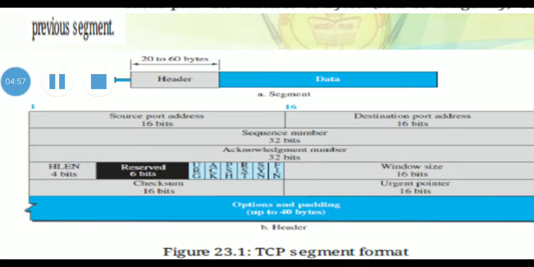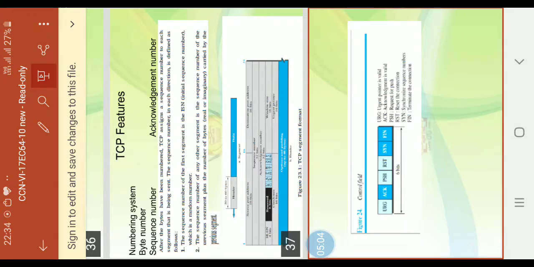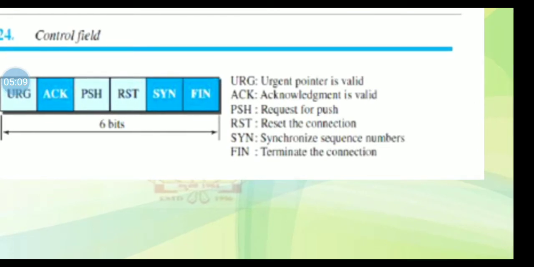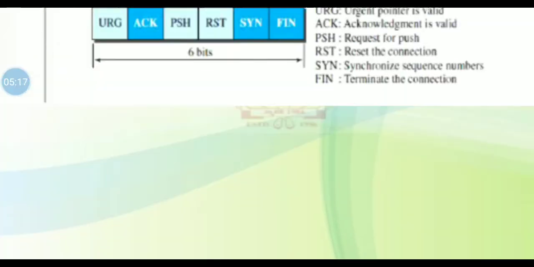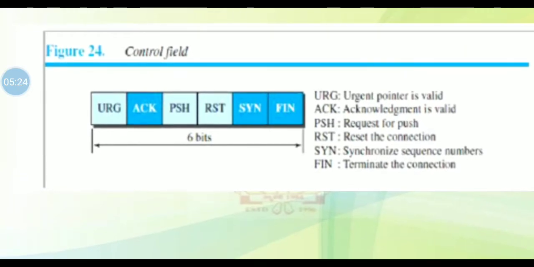Now we'll see another diagram of the control field. This diagram shows the control field. You can see how many flags there are: a total of 6 flags: URG, ACK, PSH, RST, SYN and FIN. URG means the urgent pointer is valid.